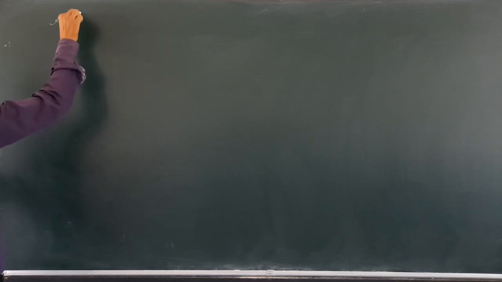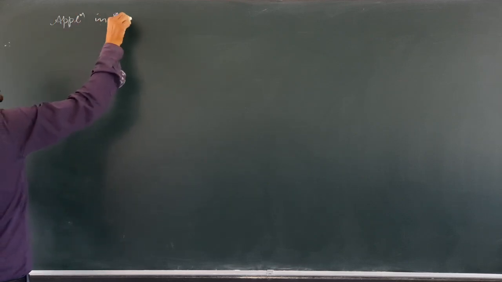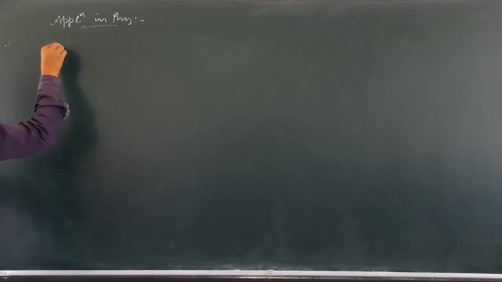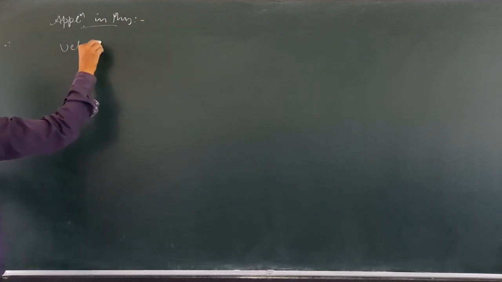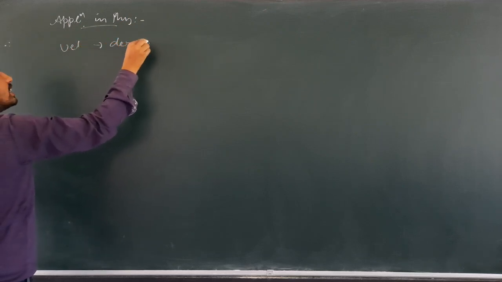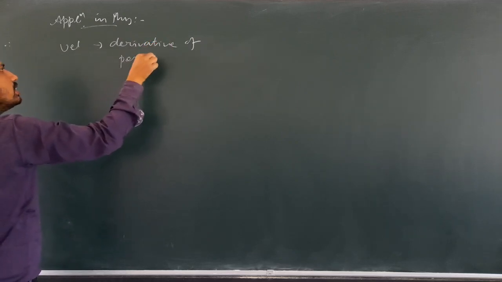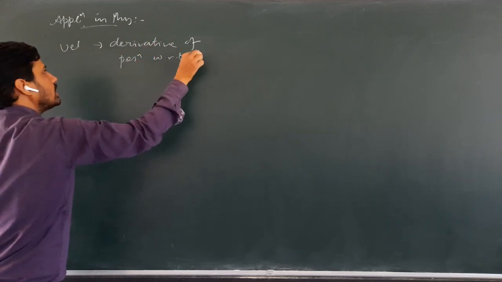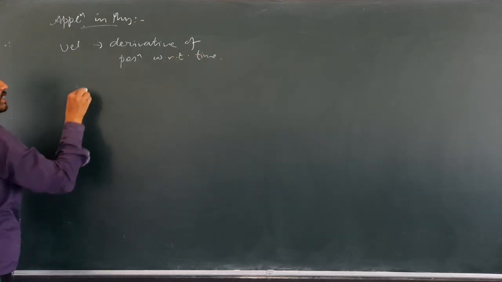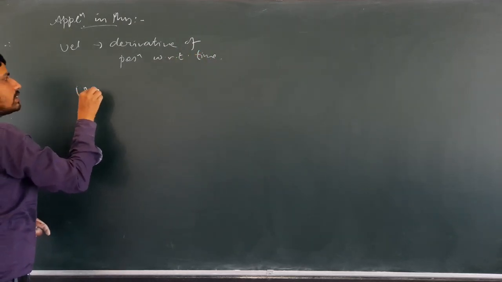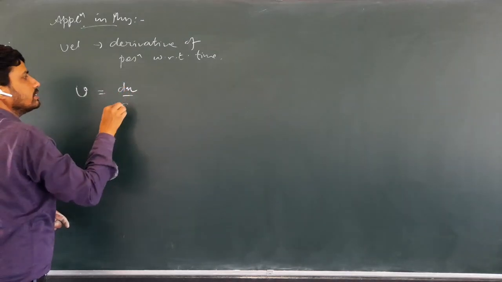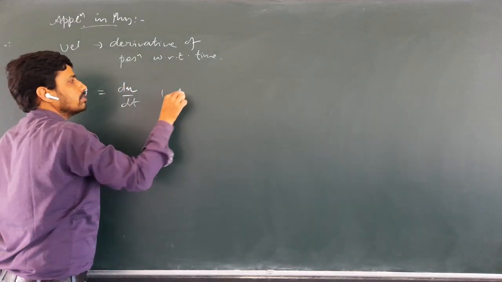So, applications in physics for our daily life. Velocity. Velocity is expressed as a derivative of position with respect to time. So we write v as dx by dt in one dimension.